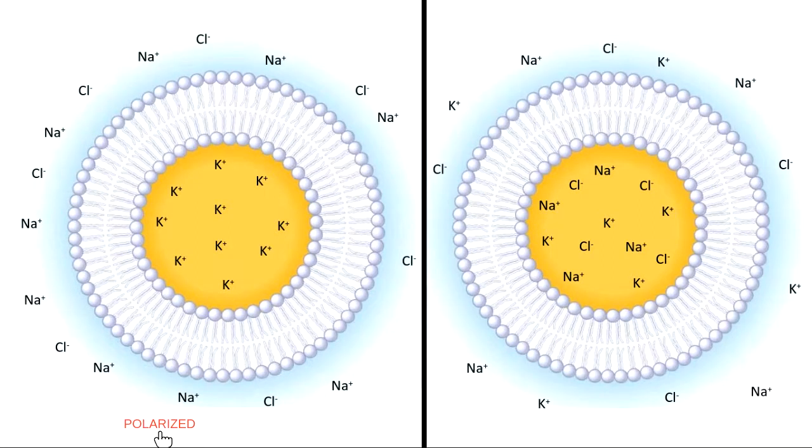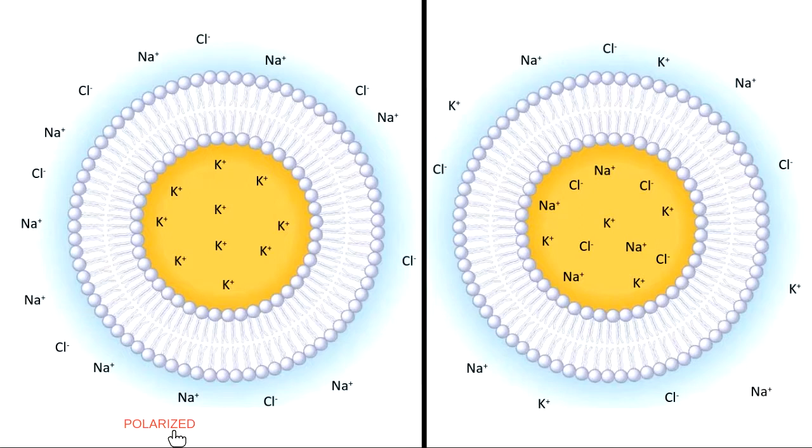You want your cells to be polarized because when we start talking about things like muscle cells and the way that they're going to do muscle contraction, or when we start talking about neurons, the way that they're going to send messages to each other, those cells have to be polarized. It has to be different inside compared to outside. Otherwise, those cells can't do their jobs. So polarized is a good thing. We want our cells to have different stuff going on inside compared to outside.